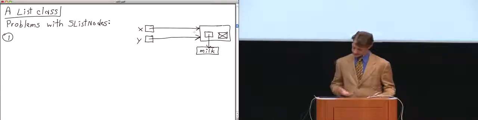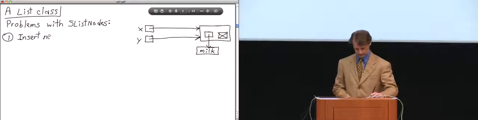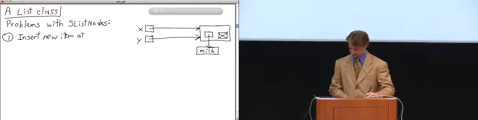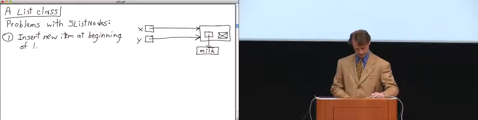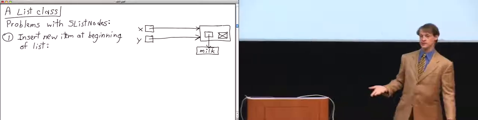Now, suppose that you want to insert a new item at your shopping list because you just remembered you're out of soap. So you want to insert a new item at the beginning of the list, and it's very easy to write code to do that.